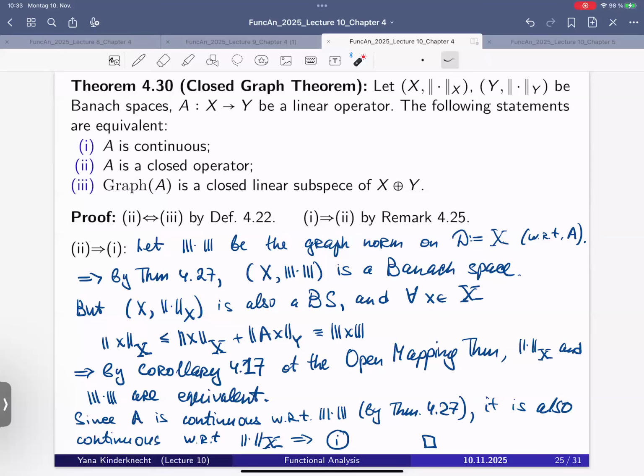So just to keep in mind once again that we can weaken the notion of continuous, respectively bounded, linear operator up to the notion of closed linear operator. Once again, if a closed linear operator is defined on the whole Banach space, then this is a continuous operator. Any continuous operator defined on the whole Banach space is closed.